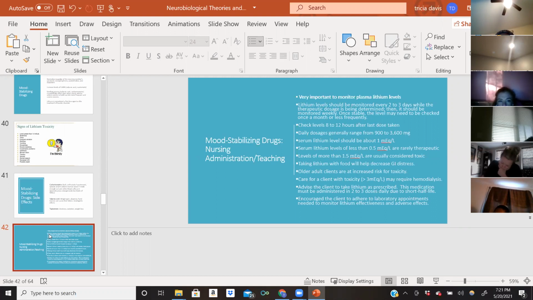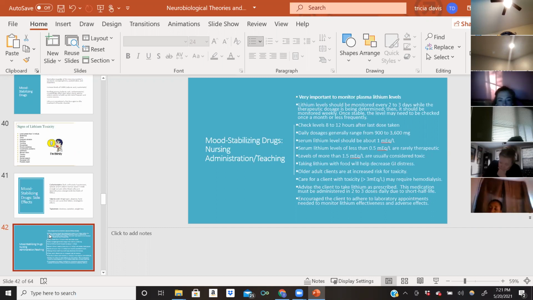Levels of more than 1.5 are considered toxic. I know that other slide behind you said 1.4. I would never give you a question that said 1.4 and 1.5. It would be noticeable. And every hospital or clinical setting you work in is going to have its own parameters anyway, but in that general area.